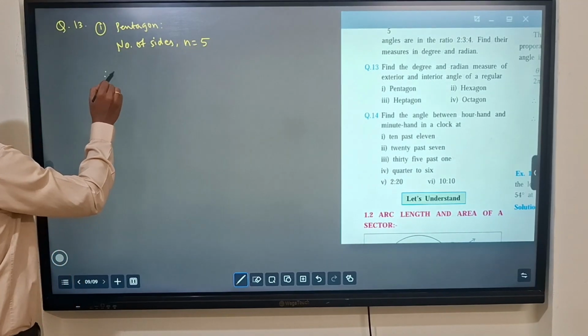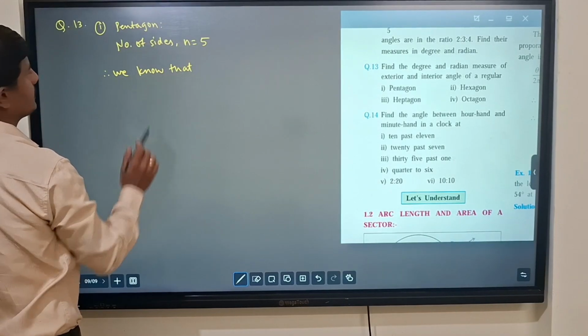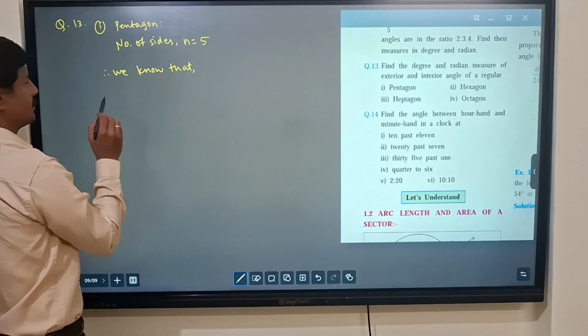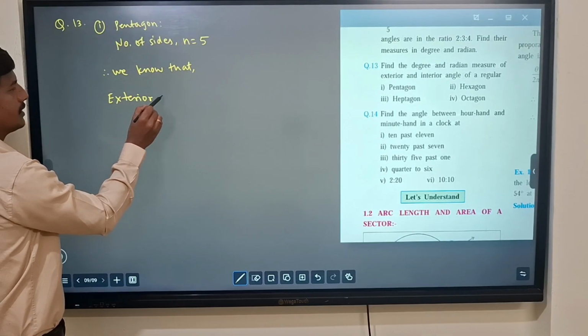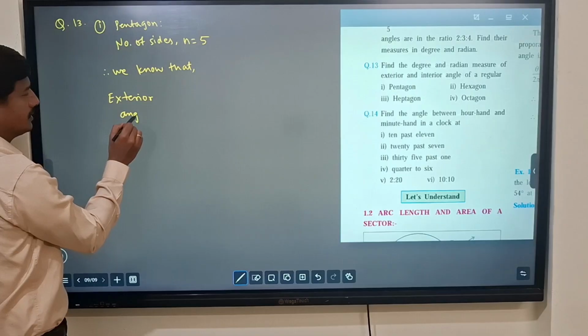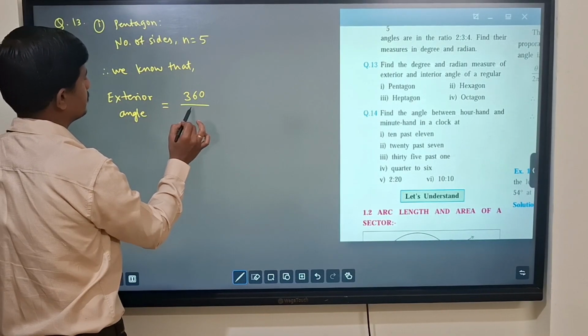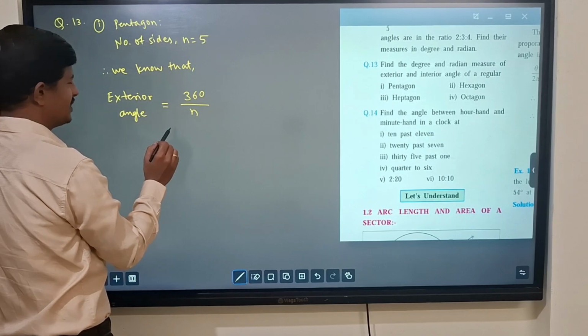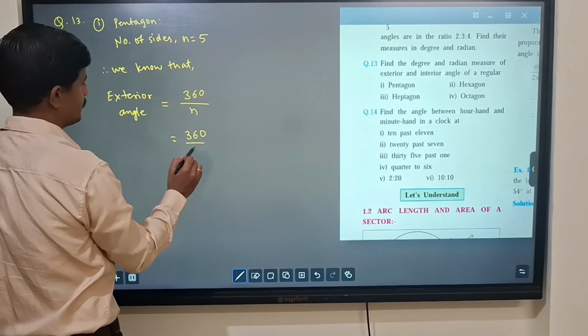Therefore, we know that, see, exterior angle is simply 360 divided by n. 360 divided by n, here n is 5.